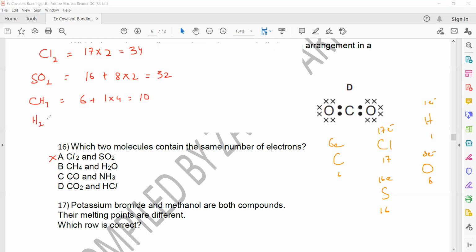And in water, H2O, hydrogen has 1 electron and there are 2 hydrogens, so total will be 2, plus oxygen has 8 electrons, so 2 plus 8 makes 10. So CH4 and H2O both have 10 electrons, that's why B is the right answer. Using the proton number or atomic number, you can work out the number of electrons.